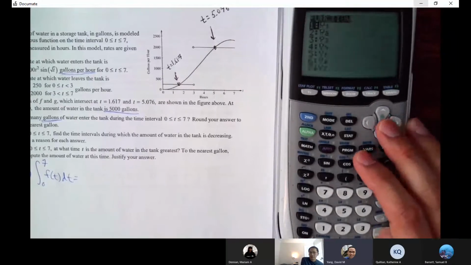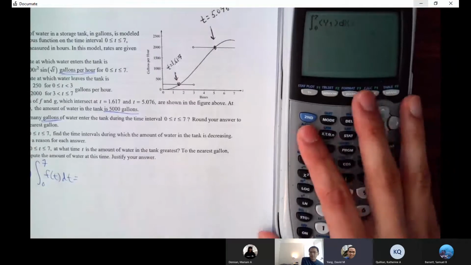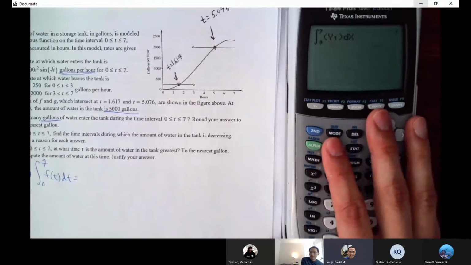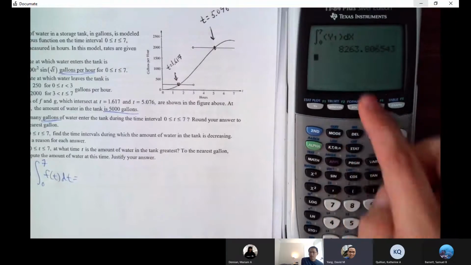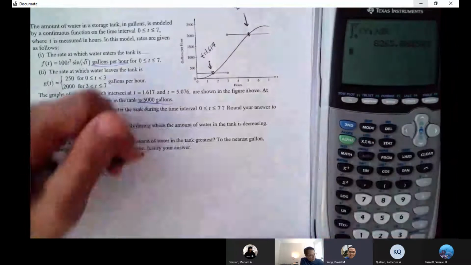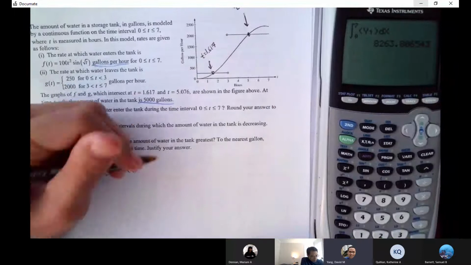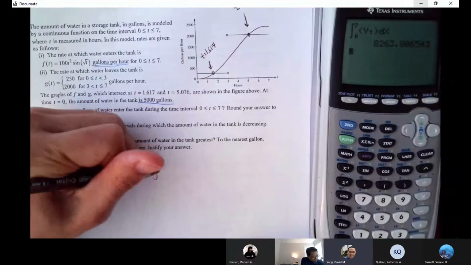Bars, Y bars, function. So over the 7-hour period, there's going to be more than 8,000 gallons entering into the tank. Round to the nearest whole number here.